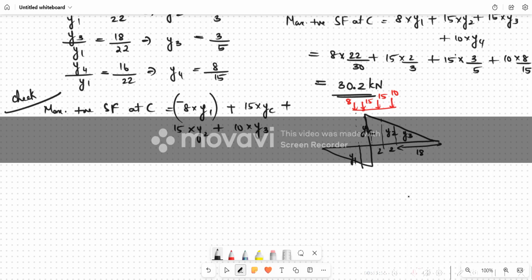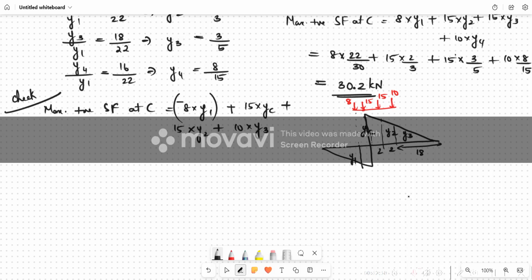So if you had a UDL longer than the span, you just let the UDL occupy the entire left of the section. Whereas if it was a smaller UDL, again you made sure that the UDL does not cross section C so that you get everything in the negative shear force. So there was no need to substitute or particularly write the sign because you're already reporting it as negative shear force.